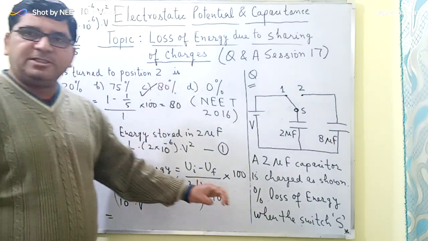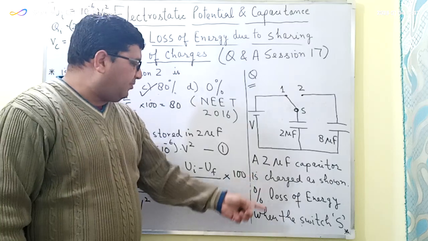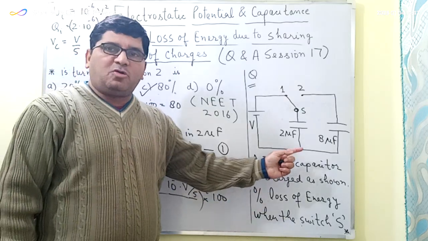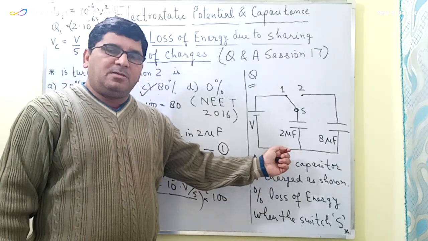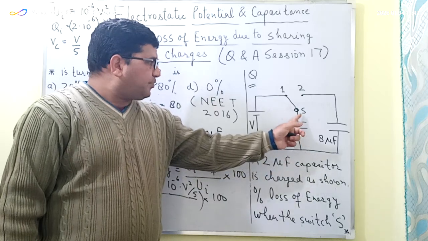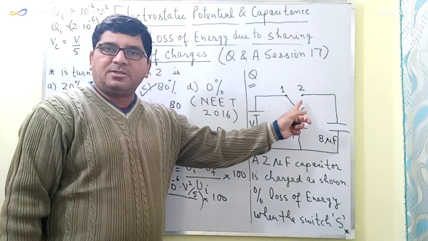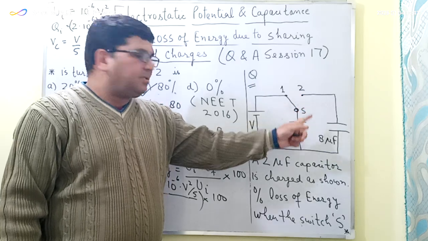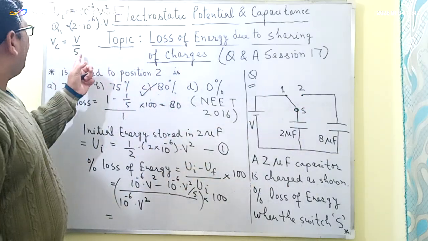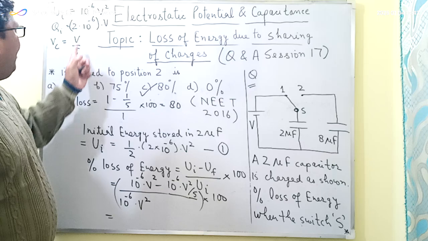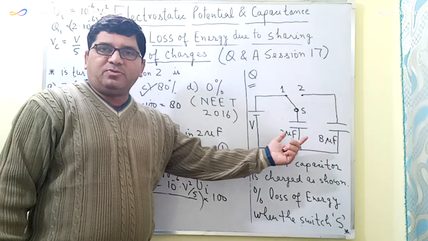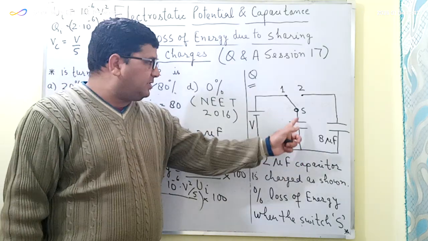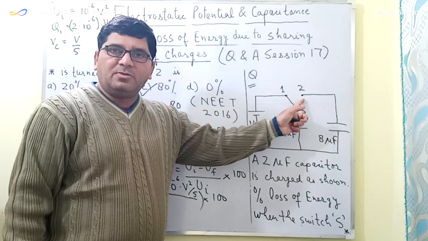So here the most important thing which we have to remember is that we have to find the common potential once the switch is turned towards point number 2. In that case, the common potential came out to be equal to V upon 5, and then we have to also find the equivalent capacitance when the switch was turned towards point number 2.